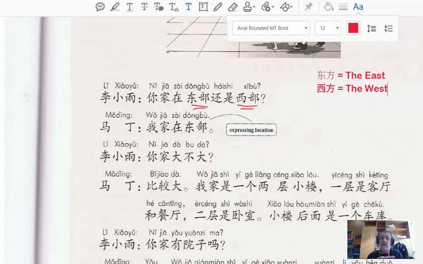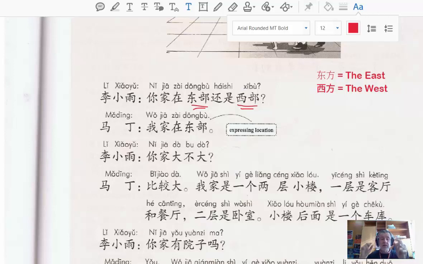So really what we're referring to here is the East in the sense of those countries in Asia and so on, so China, Japan, Korea, etc. And then the West in terms of the liberal democracies of the Western world, so the USA, Australia, England, Canada, etc. So 东方 and 西方 refer to those concepts as against parts of a country. So again, finally, just to emphasize, if you want to say the north part of the country, it's 北方, south part of the country, 南方, the east part is 东部, the west part is 西部.